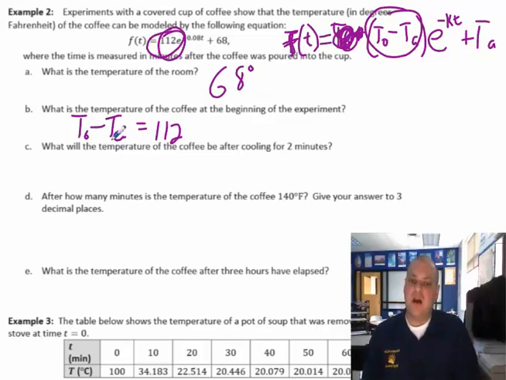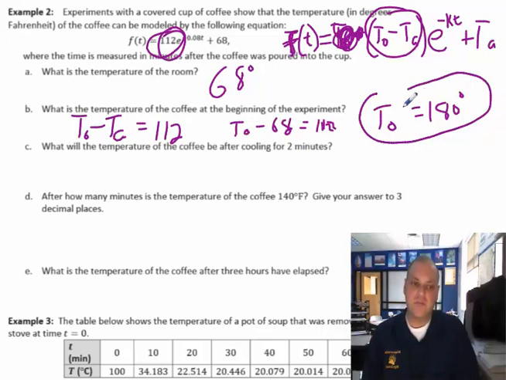We already know T sub a is 68. So T sub 0 minus 68 is 112. Now add 68: T sub 0 is 112 plus 68. So T sub 0 is actually 180 degrees. The initial temperature was 180 because it was already done for you. See, it's got the 112.